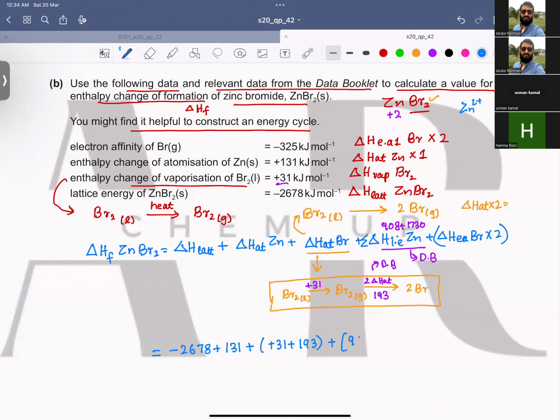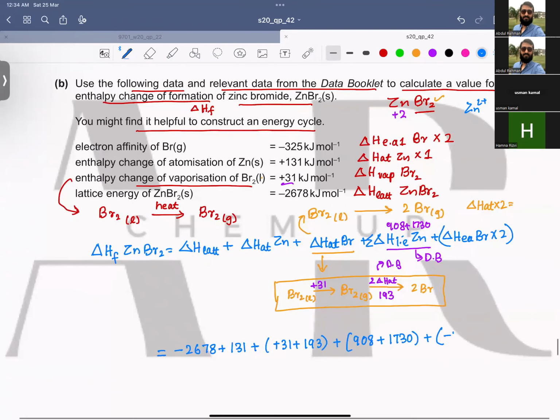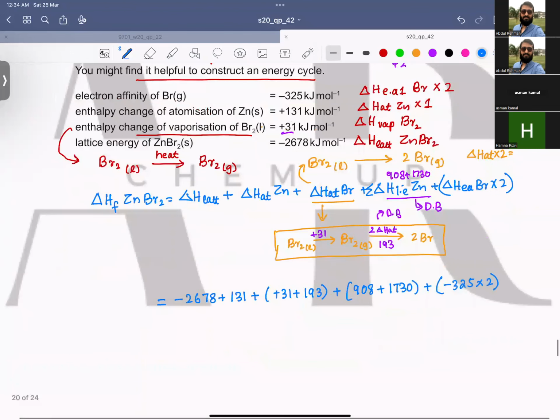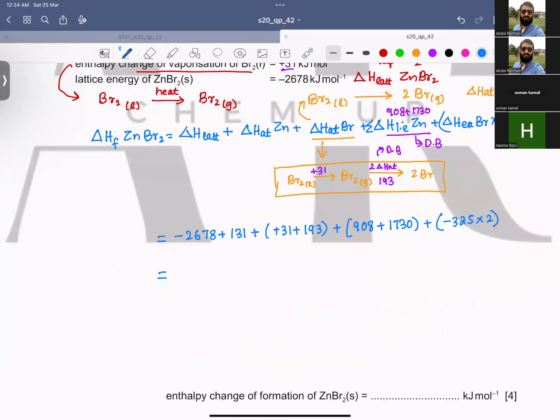There are 2 ionization energies, first and second, so 908 plus 1730, and then electron affinity of bromine is minus 325, but there are 2 bromine atoms, so I will multiply it with 2. So now you put the values in the calculator and solve it, you will get the answer.